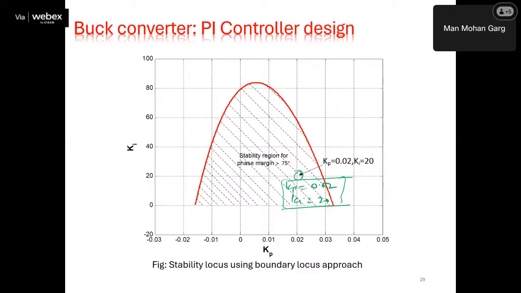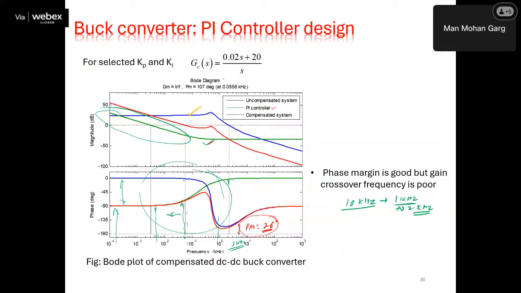Now I put this Kp and Ki, so my controller transfer function becomes Kp plus Ki upon S, that is 0.02S plus 20 upon S. This is the PI controller. Now, what is my loop transfer function?